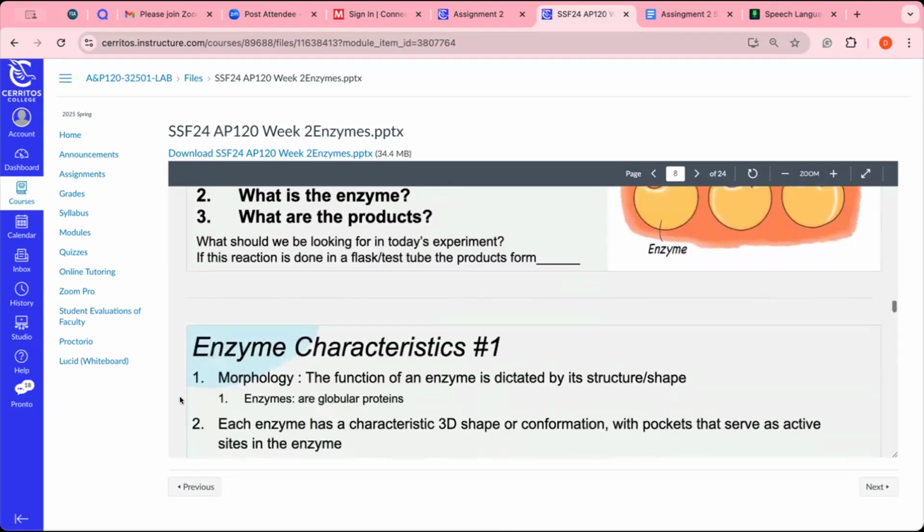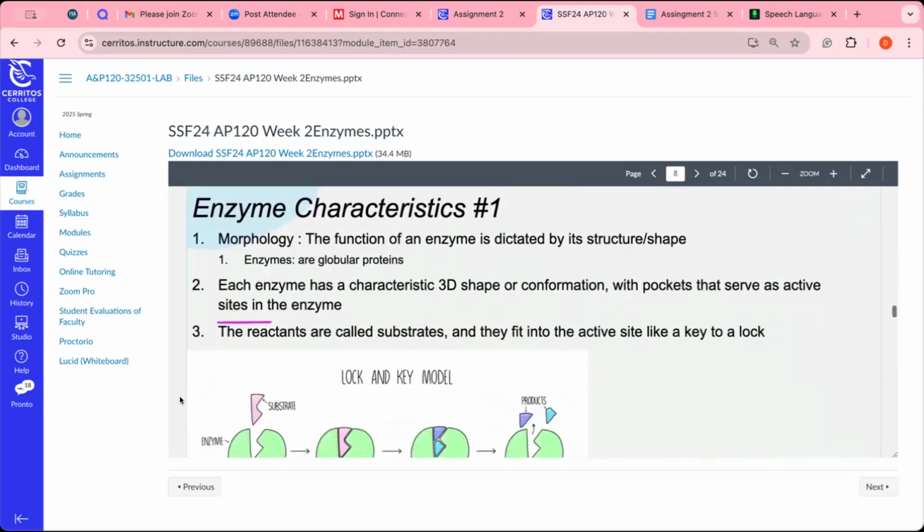Okay, let's see. So enzyme characteristics number 1, the morphology. In this case, it's talking about the function of an enzyme, and it's dictated by its structure or shape.